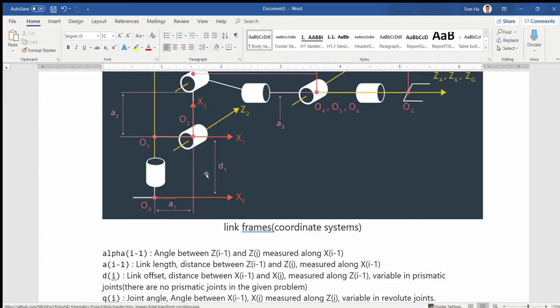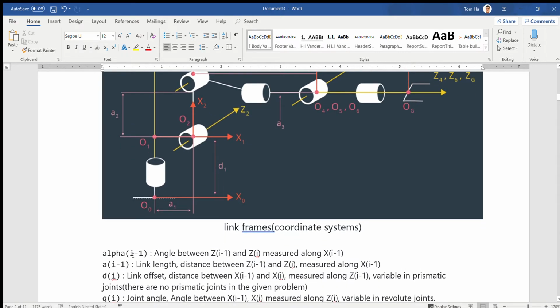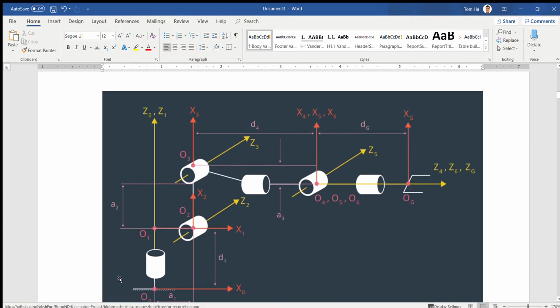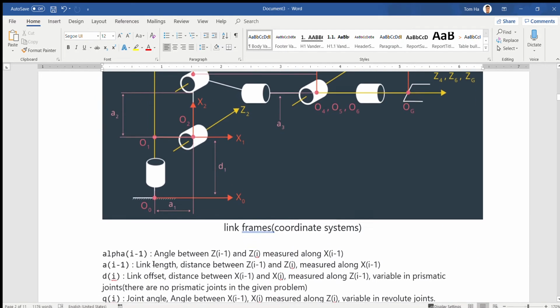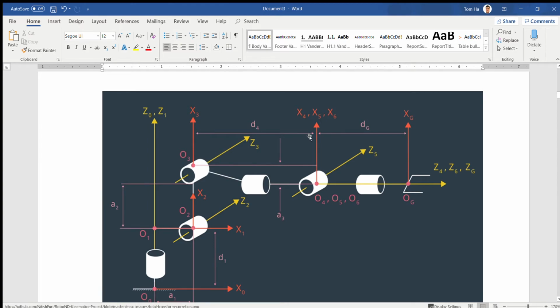Okay, how about another example? For example, d3. For example, we have the d4. How about D4? D4 is the distance between the S3 to S4, D4.